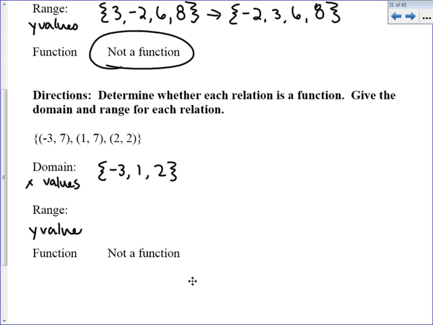How many numbers are going to be in my range? 2. So even though there's 3 points, there's only 2 different y values. So I'm going to use the 7 and the 2. Or if you're writing it in order, this one would be easy to do right from the get-go, 2, 7.